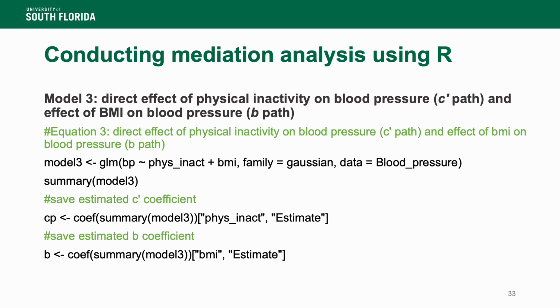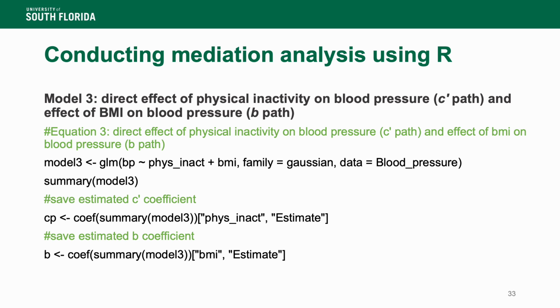Then again, to estimate the indirect effect, we need to make sure we save the coefficients from this model. So the third line of code here specifies that we want to save that C' coefficient. We save it under the name CP to make sure we don't overwrite the C coefficient that we already saved from model 1.